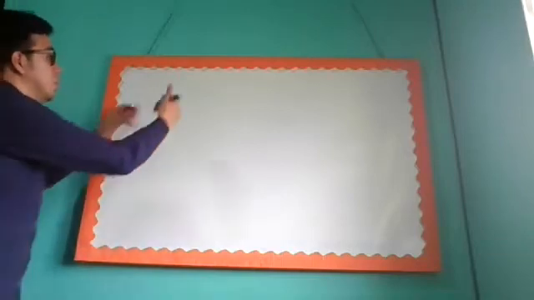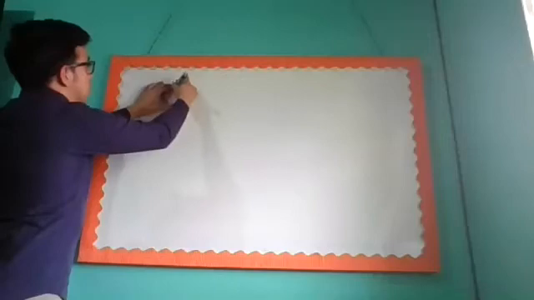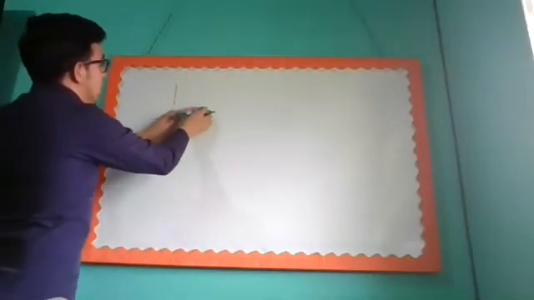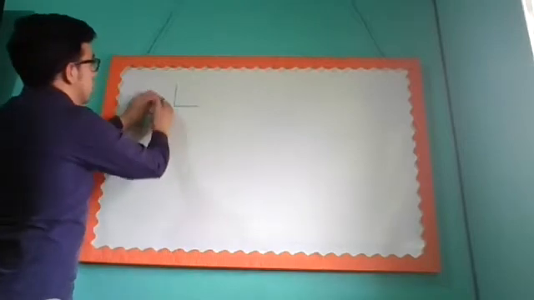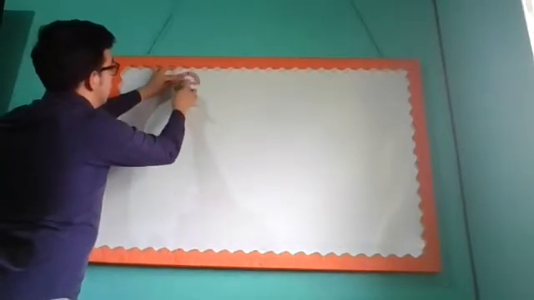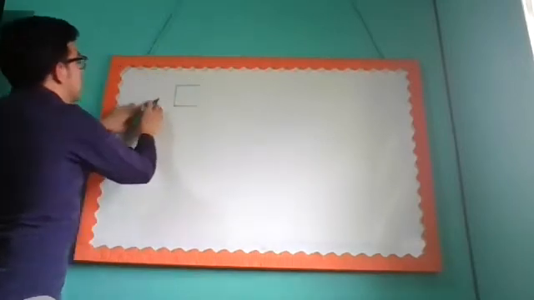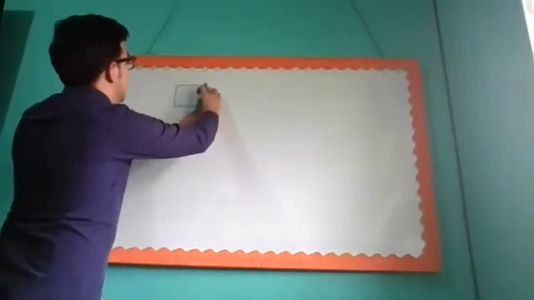Then guys, the figure that we have for the first one, I'm going to do it as a small figure, only to show you. And the last line that we have is in here.